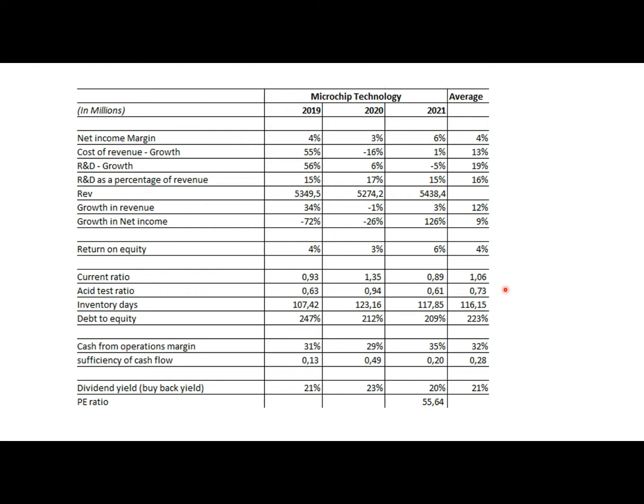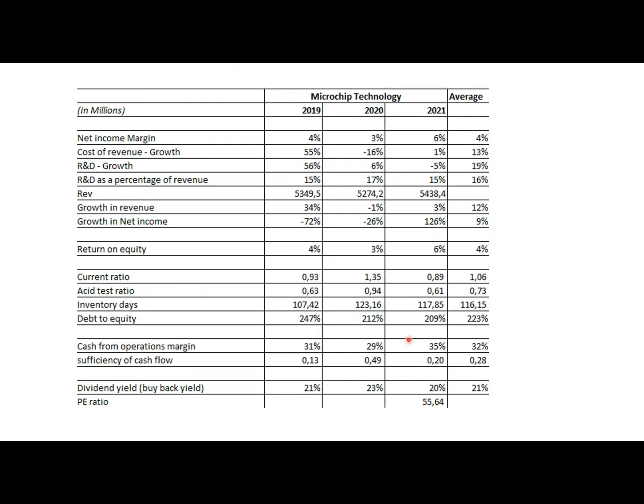Now, the cash position. The cash position of Microchip is very, very good. Pretty much stable, but in 2021 it has increased significantly. So what this tells me is a company that can convert revenue into cash.